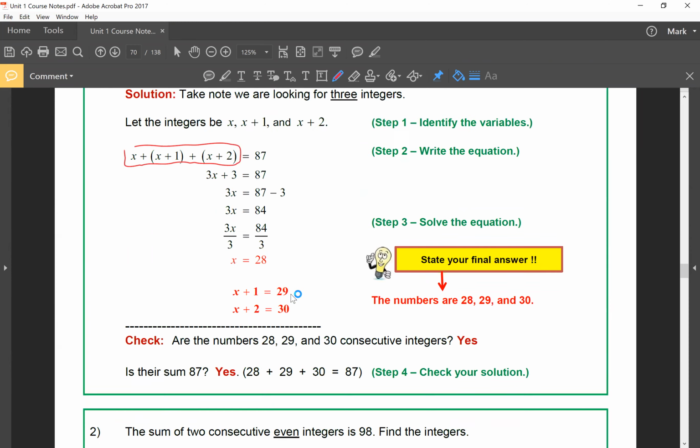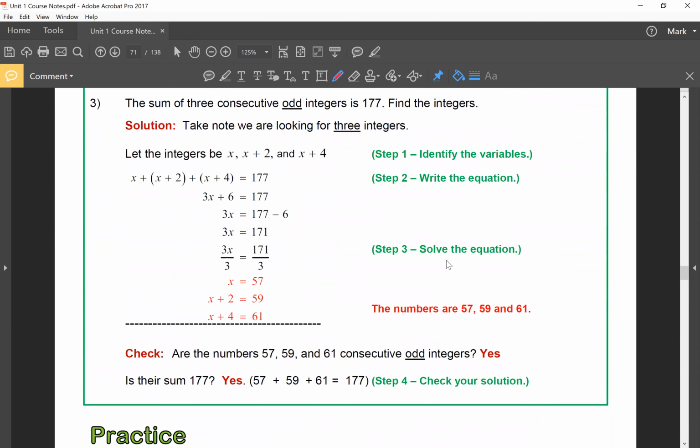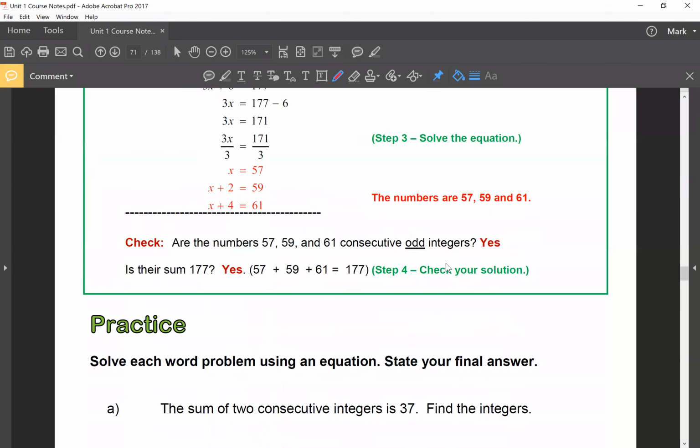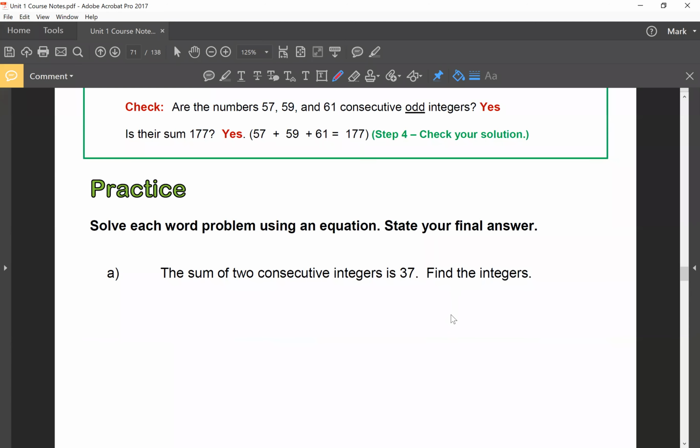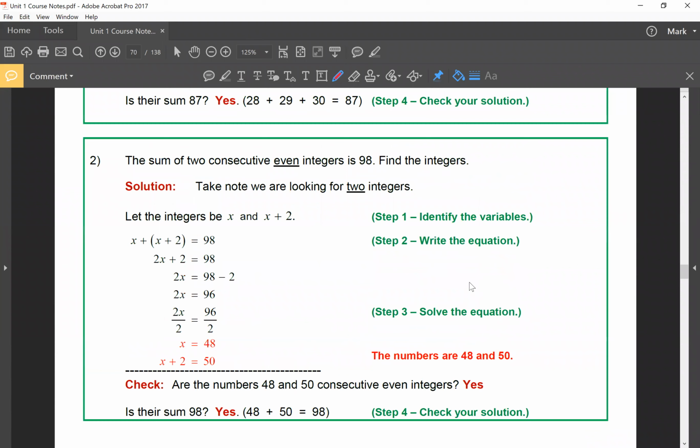So the answer is here. Let me show you some practice. Let me look at example 2 and example 3, and then I'm going to show you with some practice. It's a lot easier than it looks. Okay, so what about number 2? The sum of 2 consecutive even numbers. Well, because it's even, my first number will be x, but my second number has to be x plus 2.